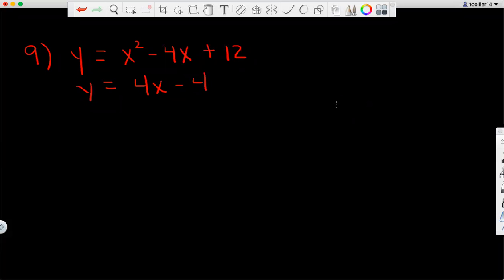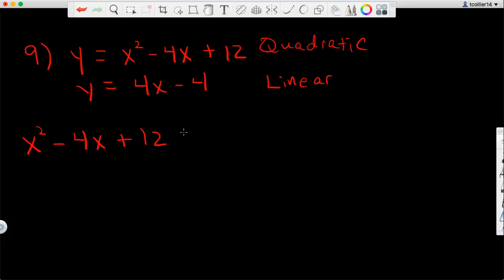All right, so if I'm given a system like this, what I want to do is I want to set the quadratic part, which is this top equation, equal to the bottom equation, or the linear part. So I'm going to have the x squared term on the left, always. So I'm going to have this equal to 4x minus 4.